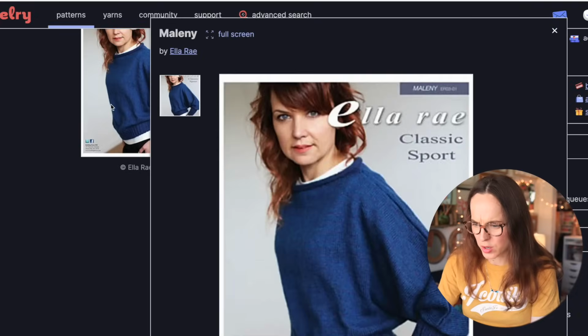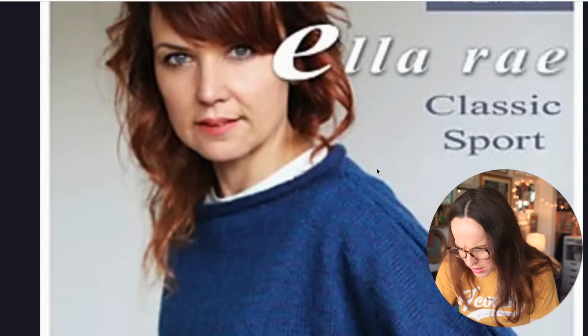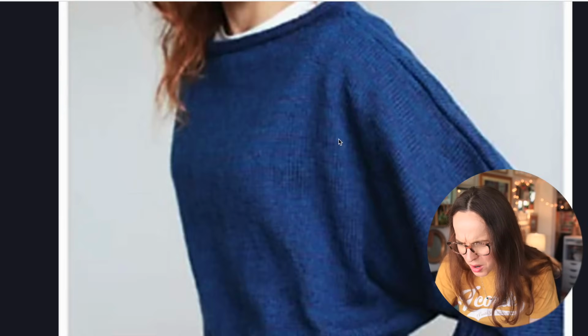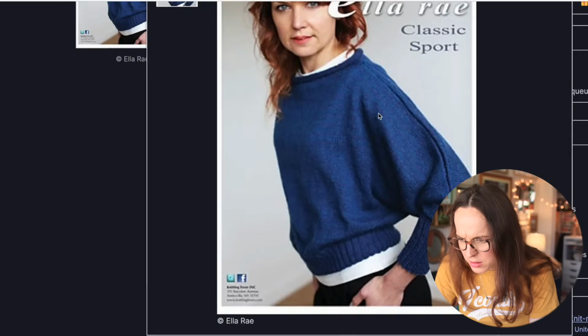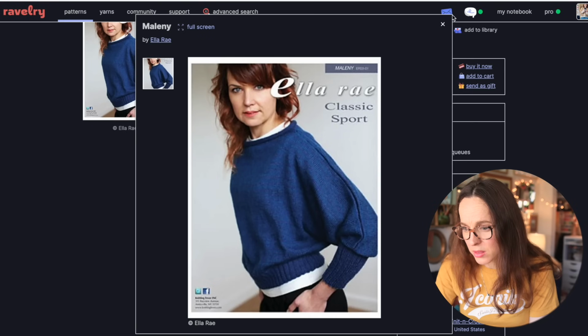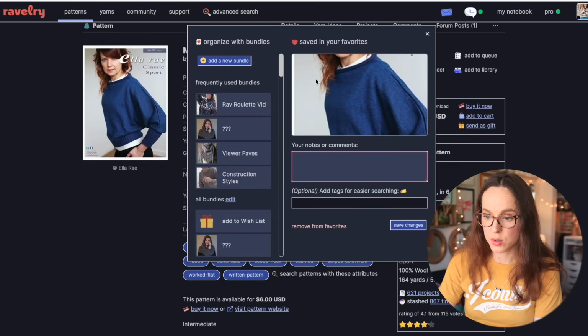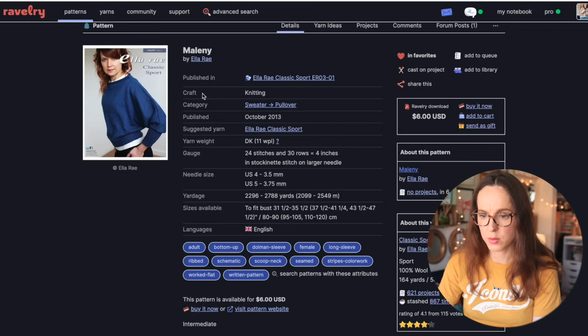I see no stripes here. Is that? Oh, wait. Oh, there are stripes. Really subtle purple stripes. Okay, that's not a scoop neck though. They need to work on the pattern page, but it is a really cute dolman sleeve sweater. I really like that. Okay, moving on.